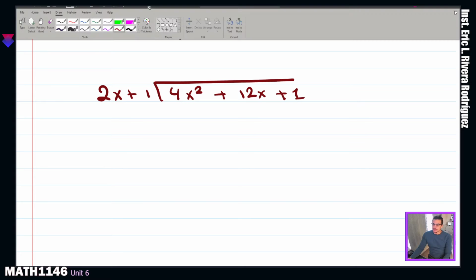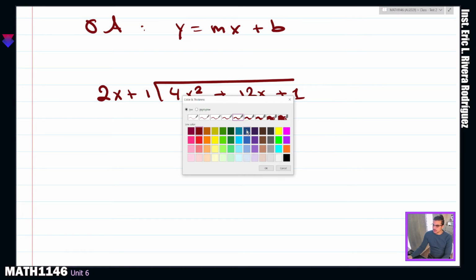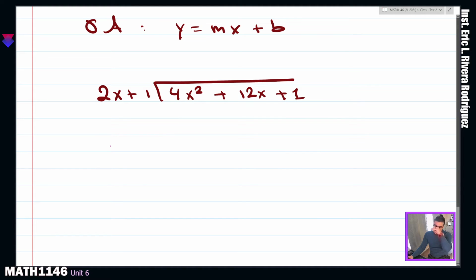All right, so let me use colors to show you what I do, or the steps. How many terms do we have here? We have 3 terms, so we are going to be working one term at a time.